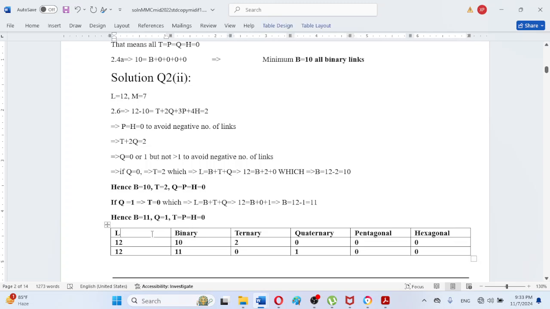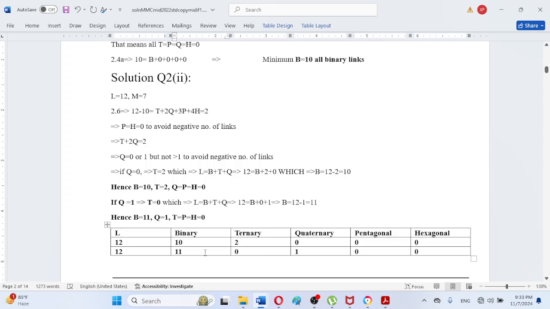So I have tabulated the values. L is the total number of links, and binary, ternary, quaternary, pentagonal and hexagonal I have listed here. In the first case there are 10 binary links, 2 ternary links, and all quaternary, pentagon, hexagon links are 0.